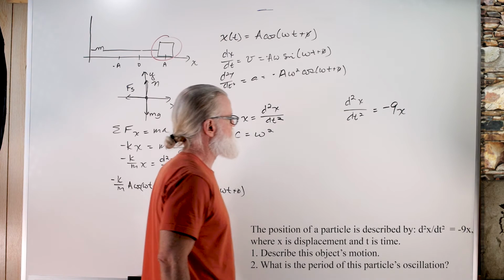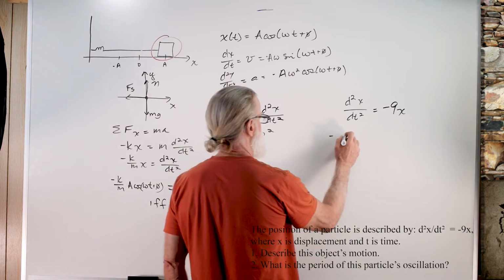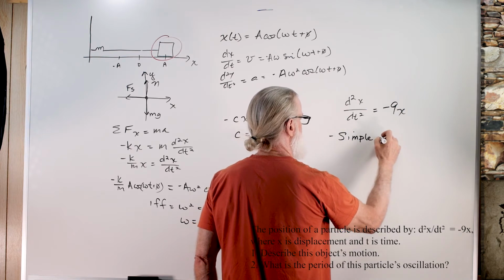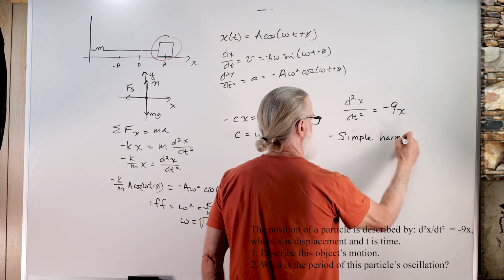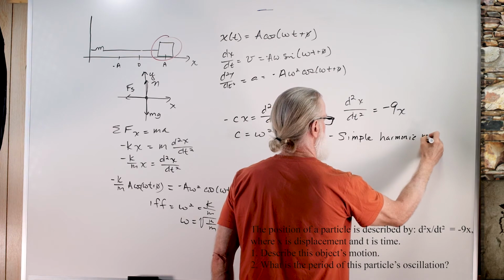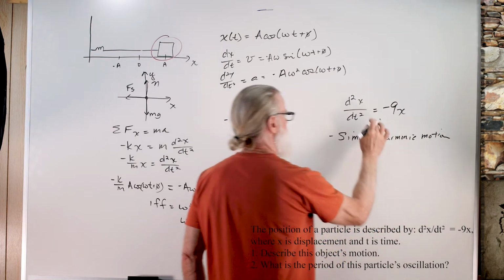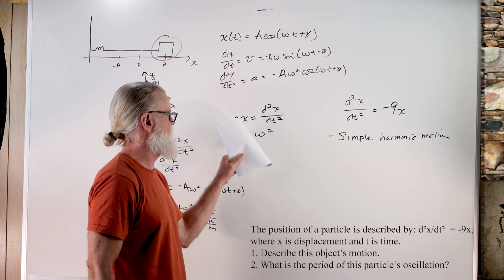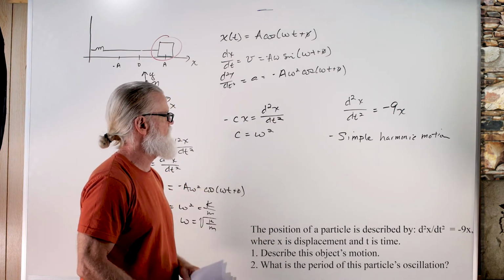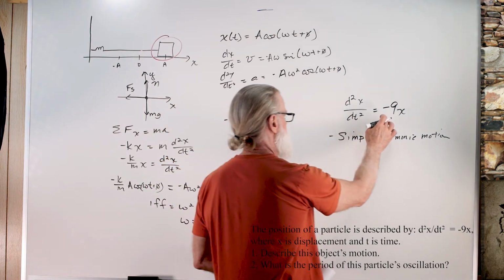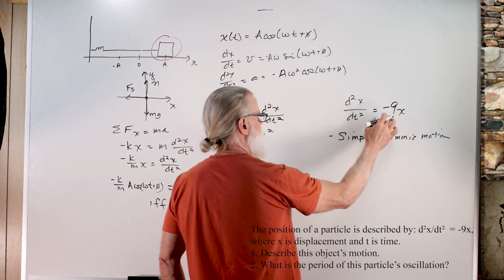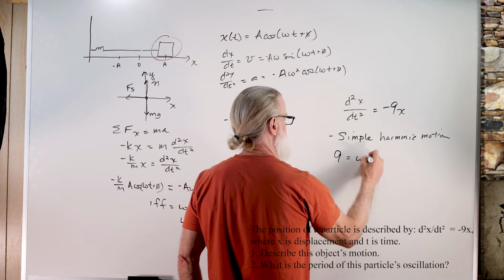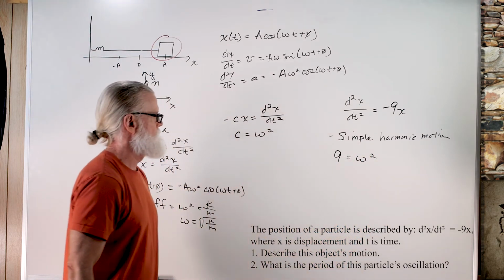So, this is simple harmonic motion. This is called the equation of motion. This is of the form minus cx equals d squared x dt squared, right? And this is of that form. So in this case, we have 9 equals omega squared, right?